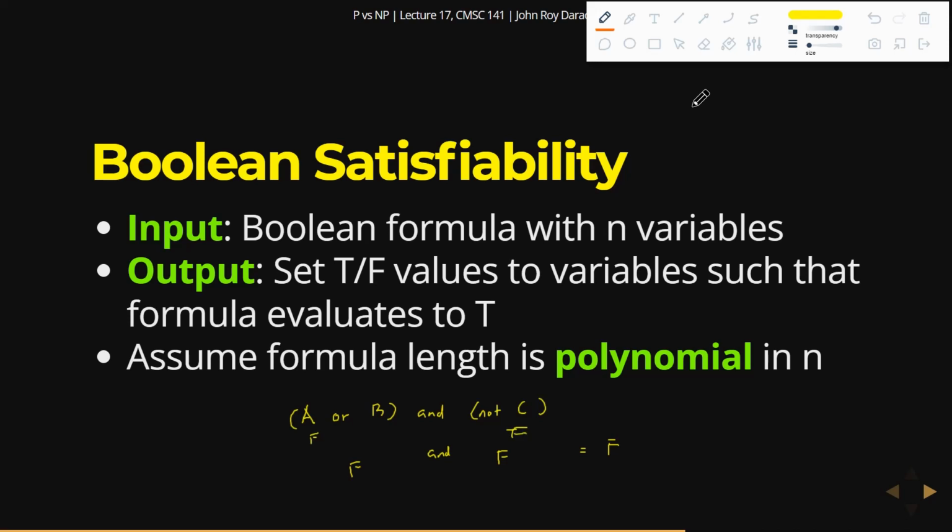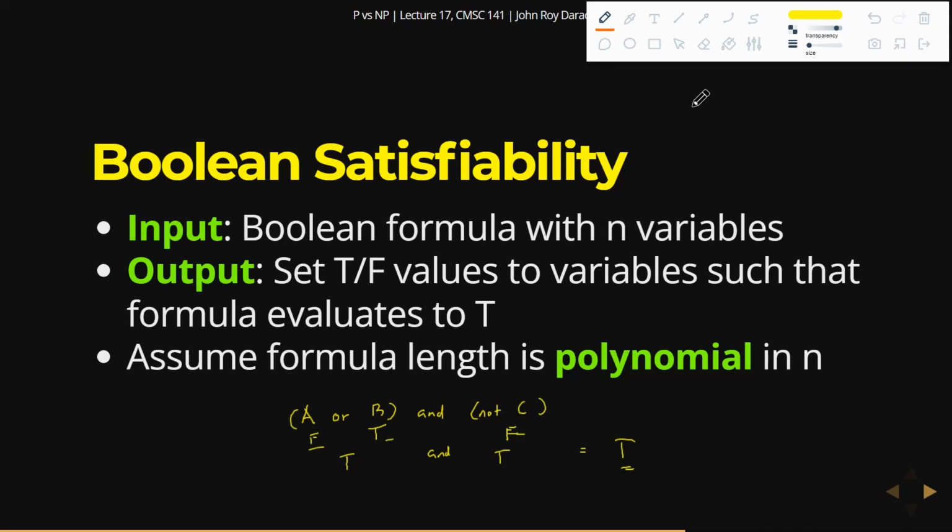Let me erase first. So this one is false. If it's F, T, F, false or true is true, and then not false is true. True and true is true, so this one is valid. So this is a solution: F, T, and F.